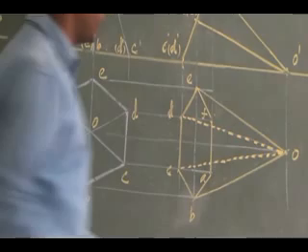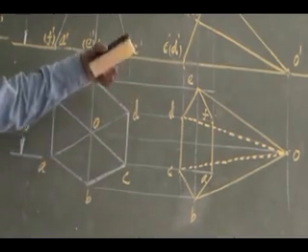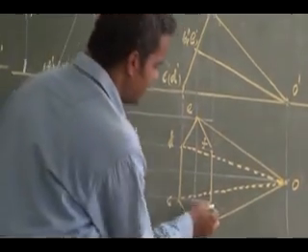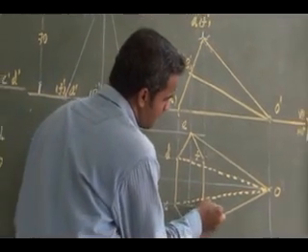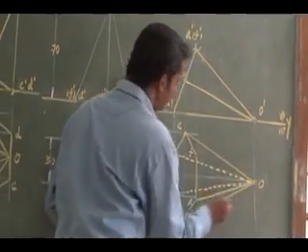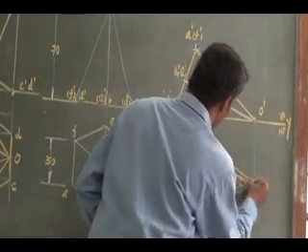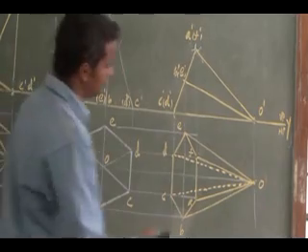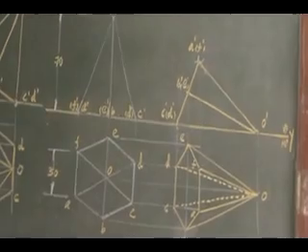Remaining, I have two more slant edges. Two slant edges I had already in my boundary. The remaining slant edge is AO, it is going to be a fully visible slant edge. FO is going to be another fully visible slant edge. Right. You have any clarification in this?